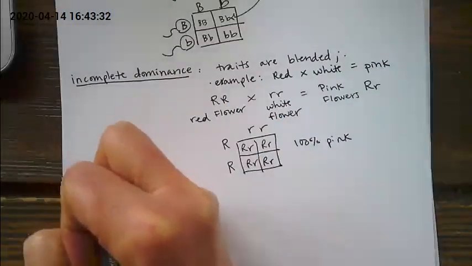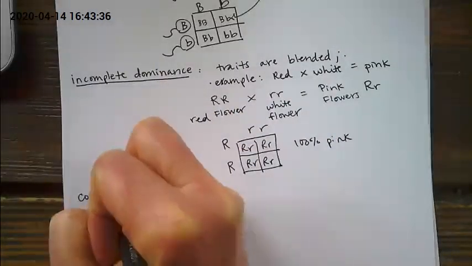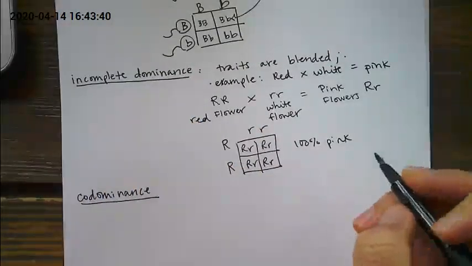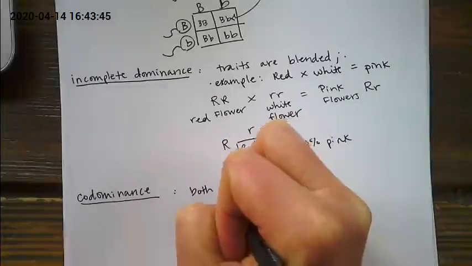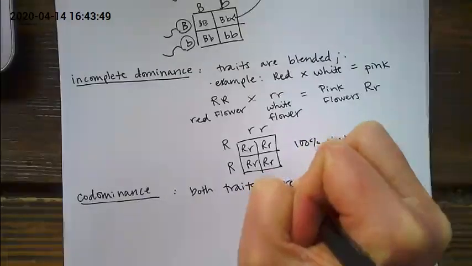Another exception to the Mendelian rules is called codominance. This is when you get both traits expressed.